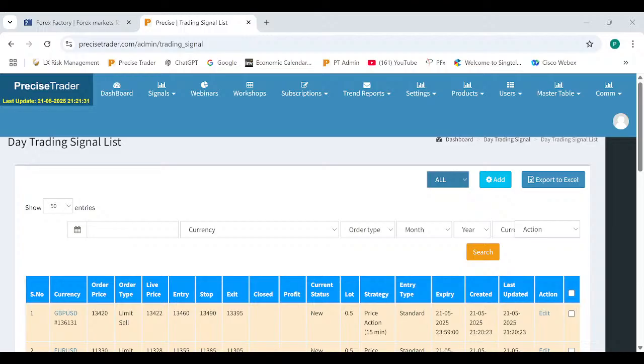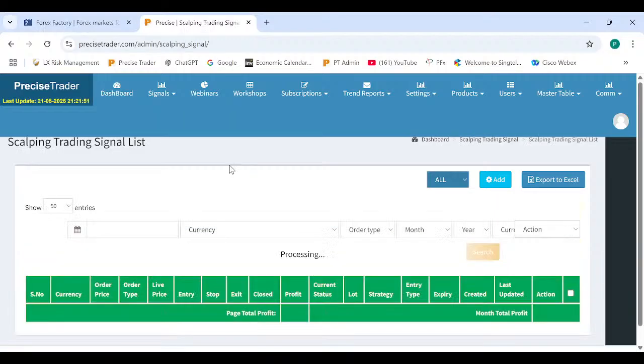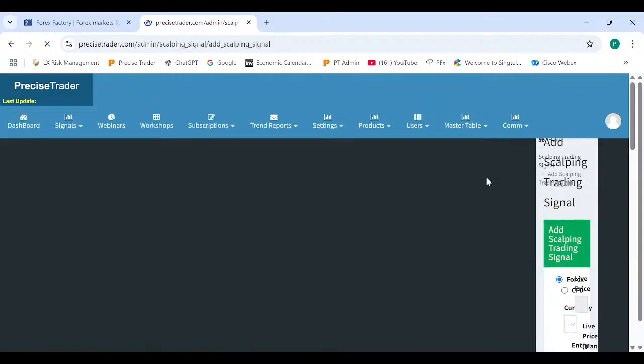So what we can do is we will try to go for a buy at 43.60. Stop at 43.40 and TP at 44.10. Okay, so this is a scalping trade.